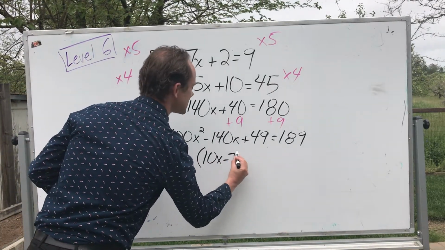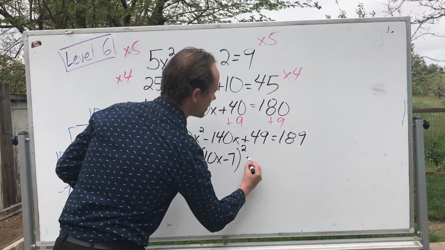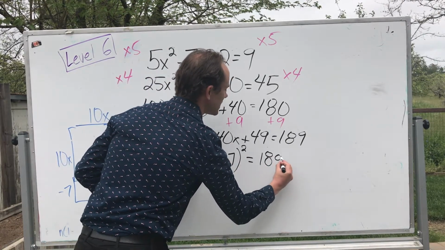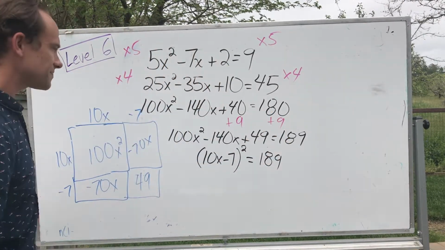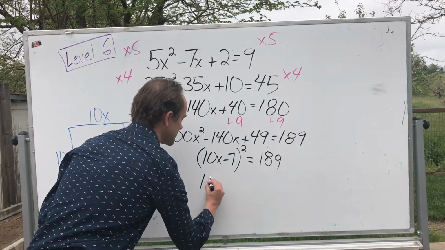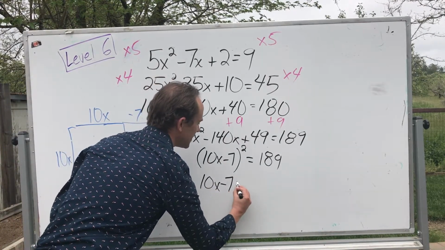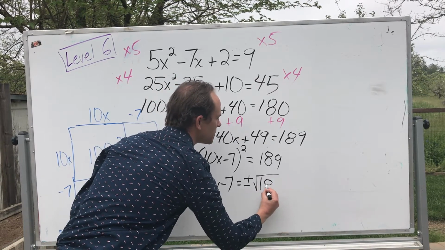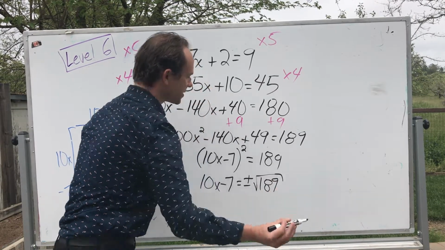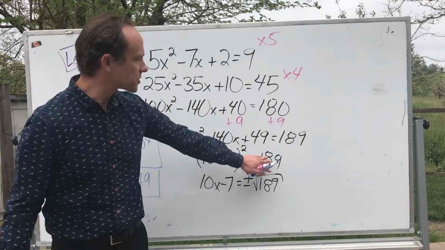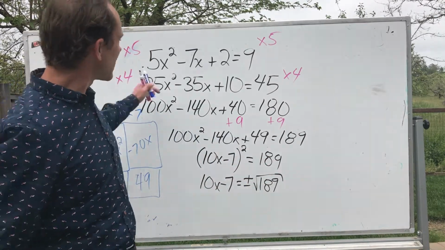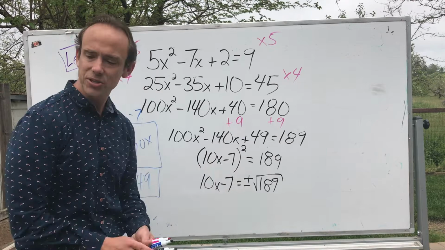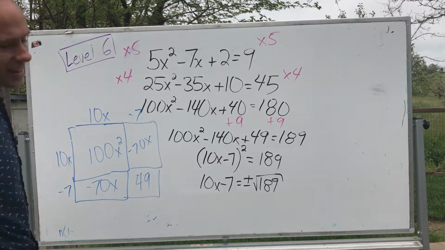10x minus 7 squared is equal to 189. So we get 10x minus 7 is equal to plus or minus the square root of 189. Something squared is 189, all the way down to a level 2. We know what we're doing in level 2.